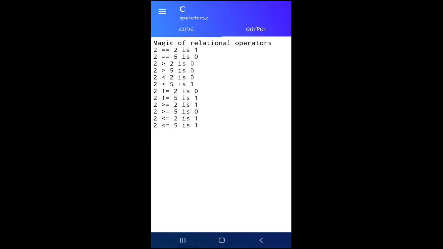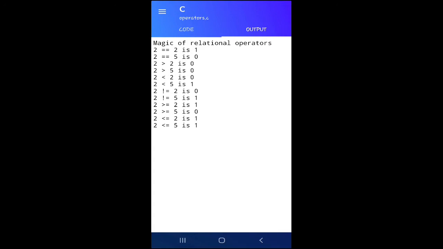And in the fourth line, 2 greater than 5, false, so we got the output 0. And in the sixth line, 2 less than 2, of course it is also false, so we got 0. In the seventh line, 2 less than 5, yes, the condition is true, so we got 1.